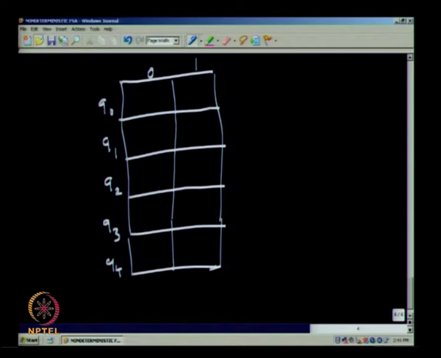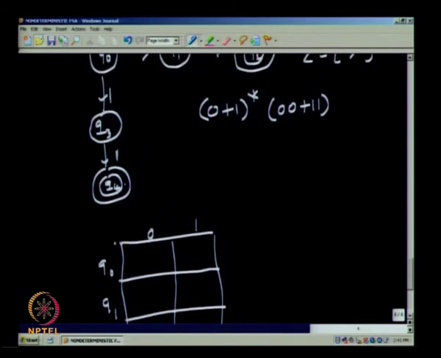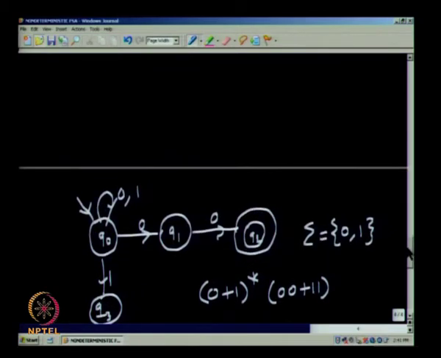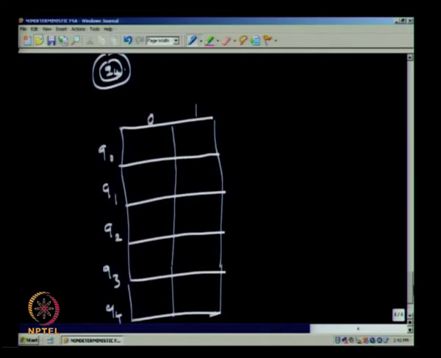Look at the state diagram. From Q0, if you get a 0, you can go to Q0 or Q1. If you get a 1, you go to Q0 or Q3. From Q1, if you get a 0, you go to Q2, you cannot get a 1. From Q3, if you get a 1, you go to Q4, you cannot get a 0 here. So, the table will be like this.